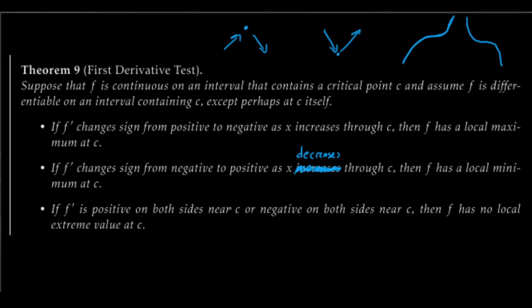So we have to check these signs. We basically need at least 3 pieces of data. We need a critical point c, and then we need the sign of the derivative on either side of the critical point to gain information about whether or not that critical point corresponds to a local maximum, a local minimum, or neither. Fair enough. Let's move on to an example.